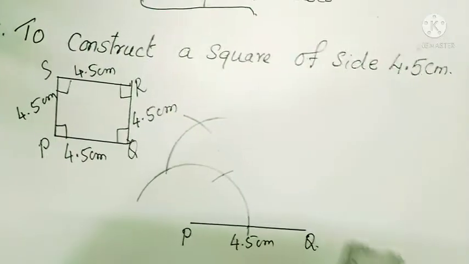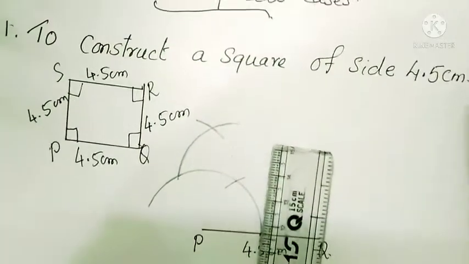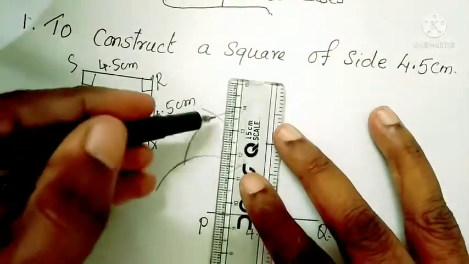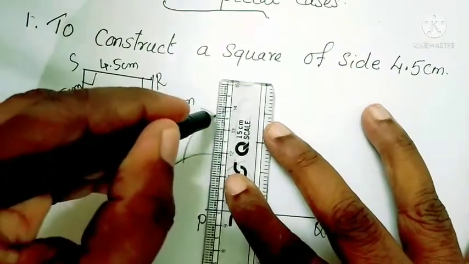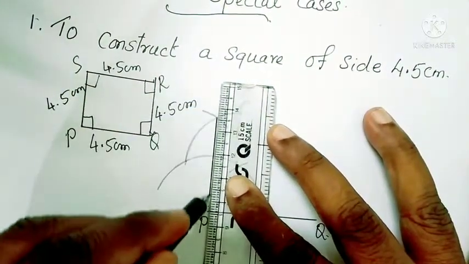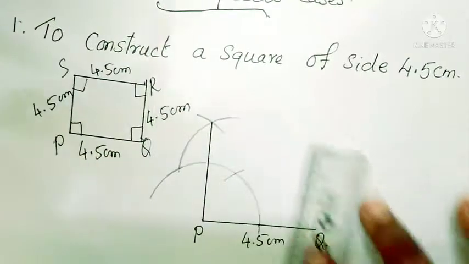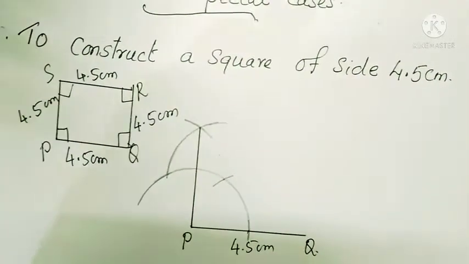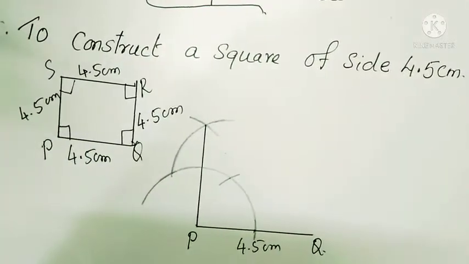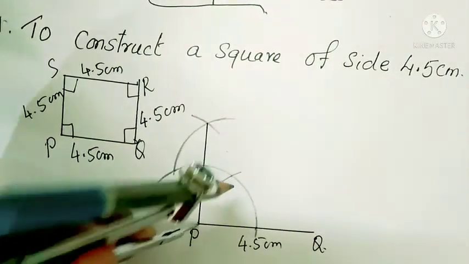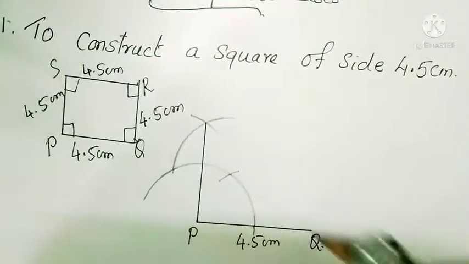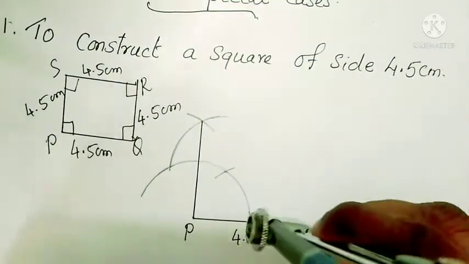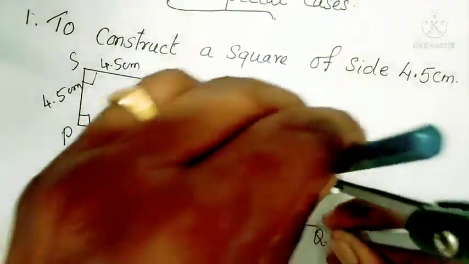Then wherever the arc met here, from there draw once again, and then what you have to do? Join that point to P. Same thing you can do at Q, or you can draw equal angle construction, whatever you want. If you draw equal angle construction, take the same measure, keep it here, draw one arc.